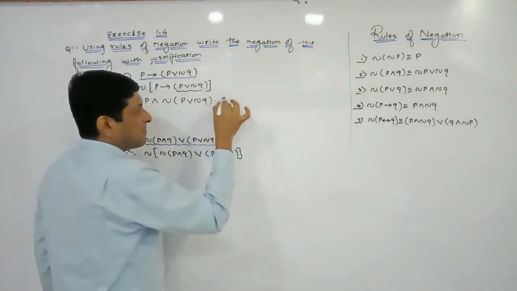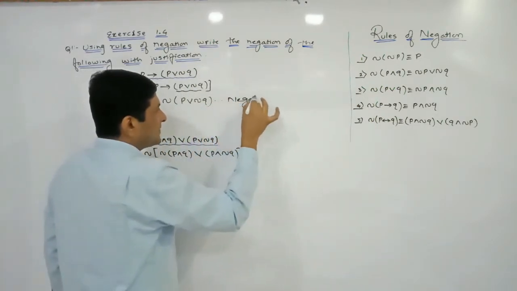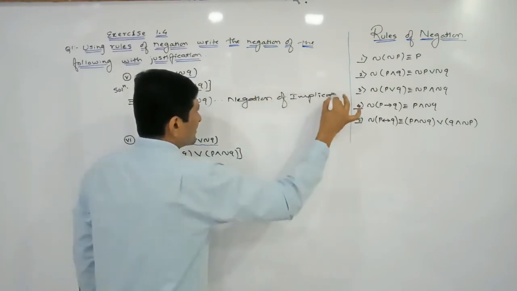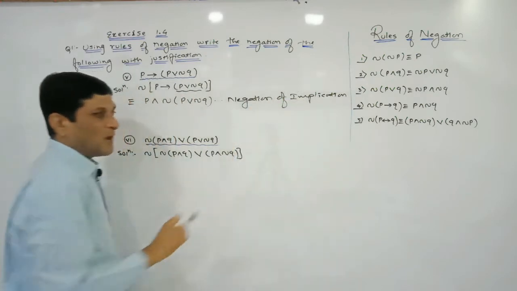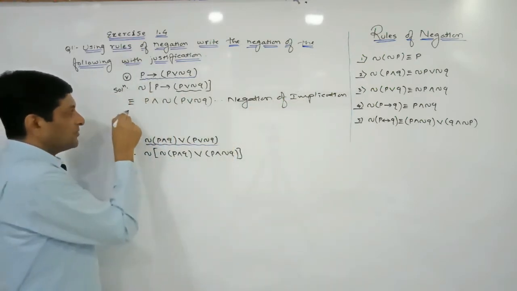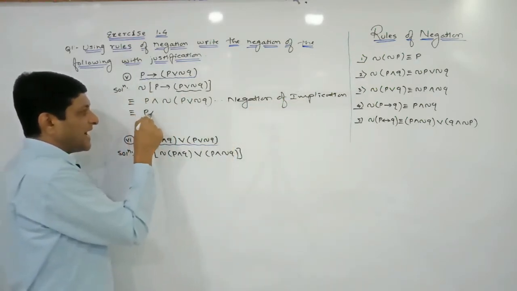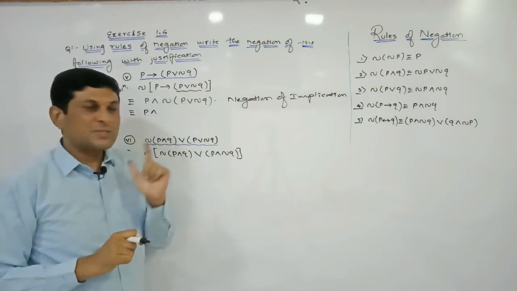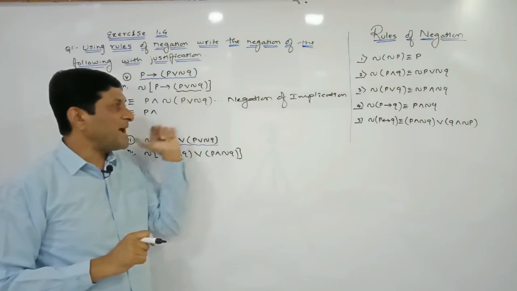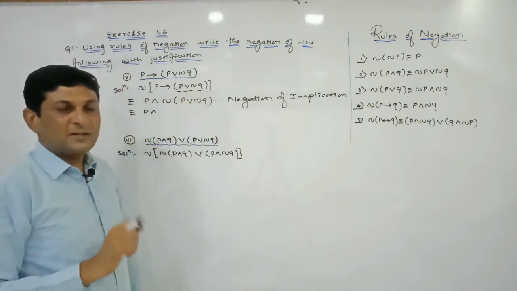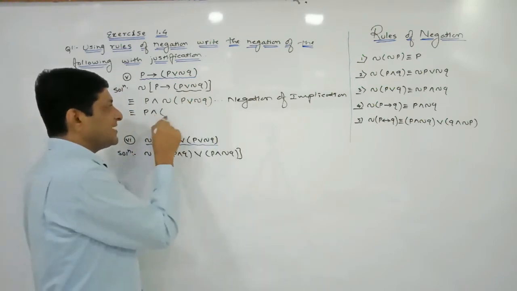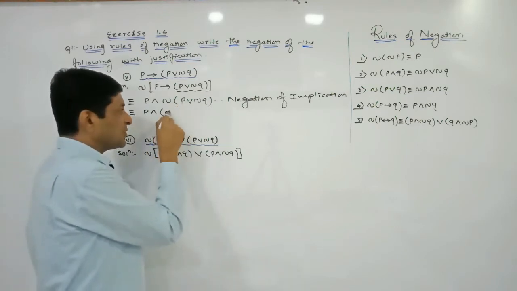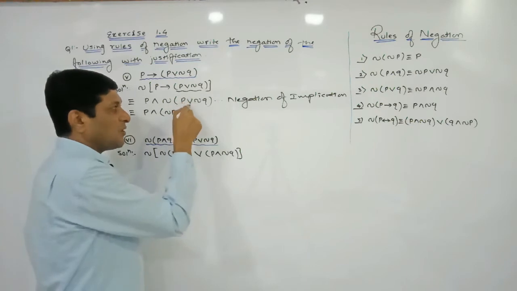And here we are applying negation on which logical connective? Negation of implication. So we have applied negation on what? Implication. So now keep this first part as it is. Now we are applying this negation on this bracket. If you observe here, two statements are connected by "or". Then according to our rule of negation, replace every letter by its negation, which is our first letter P. So replace P by its negation, "or" by what?